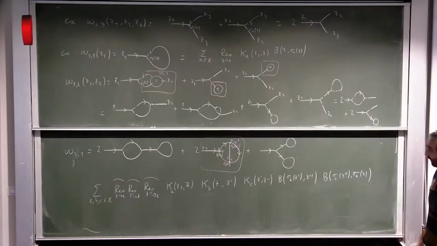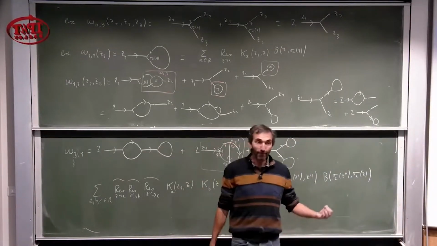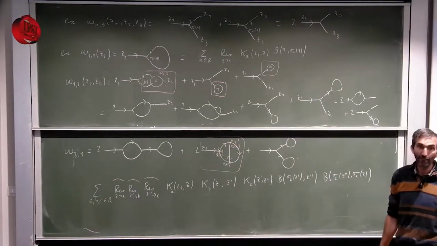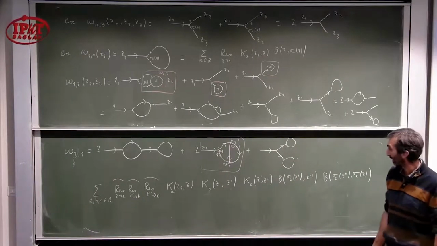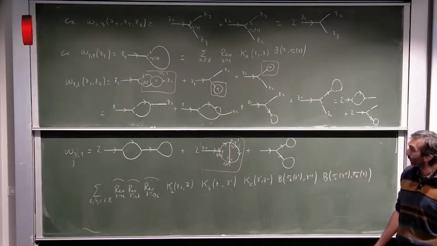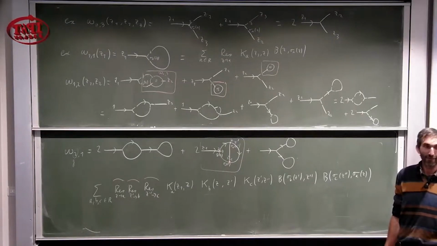And in fact, also because I use the recursion formula to construct these graphs, it means that the arrows will never make loops. The arrows always form a tree. So in all of these graphs, the arrows always form a tree. And this is where they start to differ from Feynman graphs.